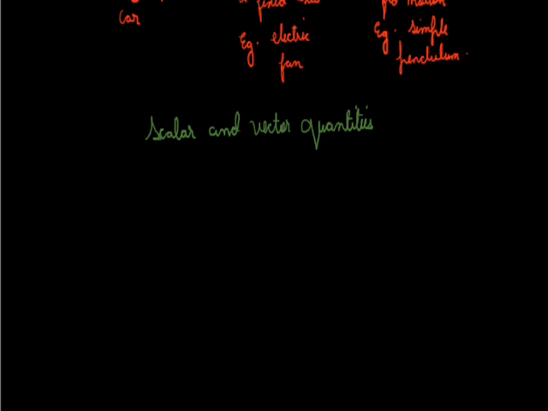Scalar quantities are those quantities which can be completely specified by their magnitude. Means the physical quantities which are completely dependent on the value or the magnitude they bear are known as scalar quantities. They do not have any dependence on any other factor.